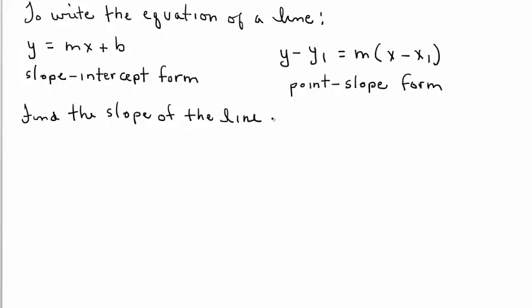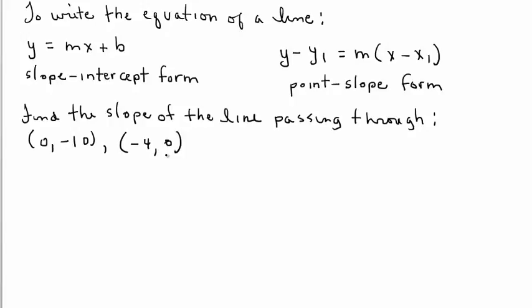Find the slope of the line passing through 2 points, 2 ordered pairs. I haven't given you this formula yet, but let's see if you can remember how to find the slope of a line passing through 2 points.